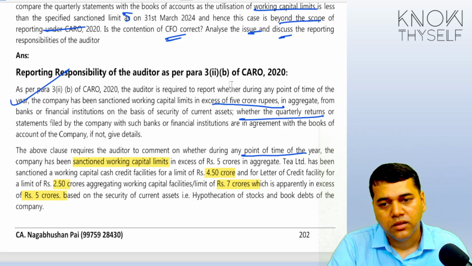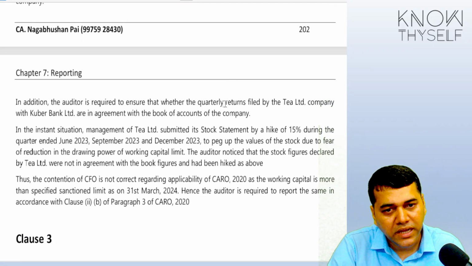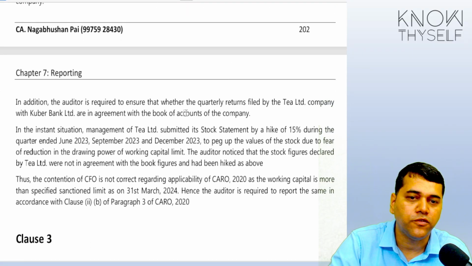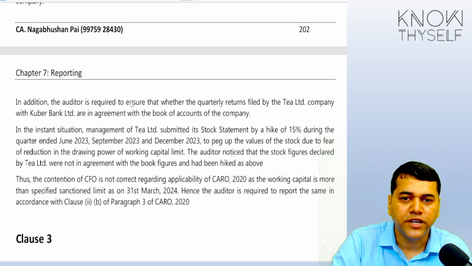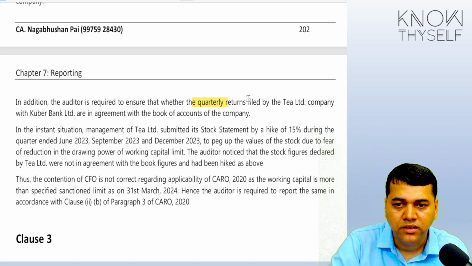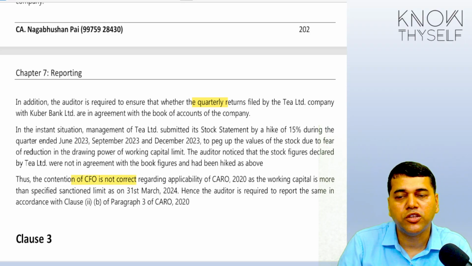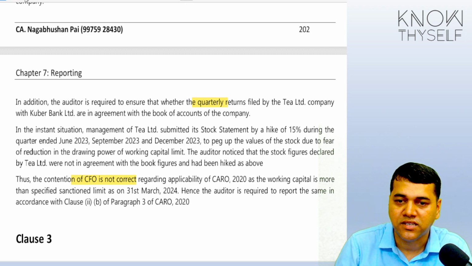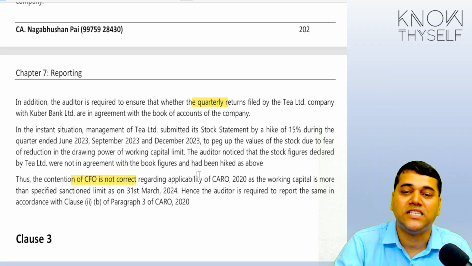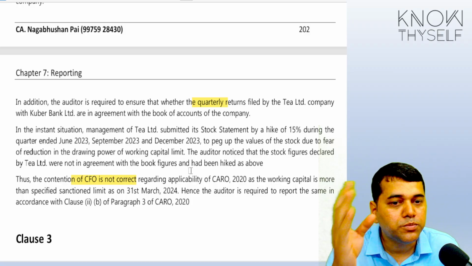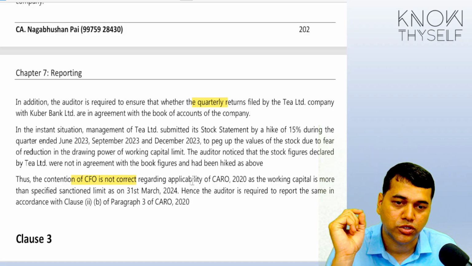So, in this case, you get into the reporting responsibility of CARO. The auditor is required to ensure whether quarterly returns are in agreement with the books. Thus, the contention of the CFO is not correct because he is talking about the 5 crore limit which has been utilized. But we are talking about what has been sanctioned. You see, students, how much beautiful clarity emerges if we see one question.